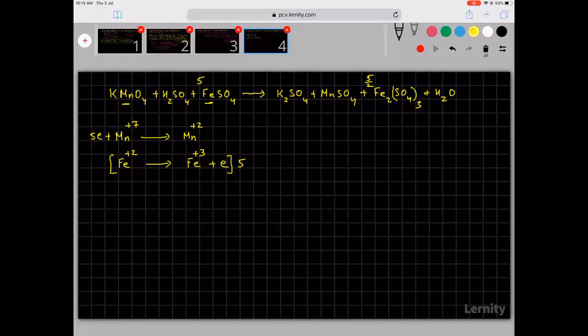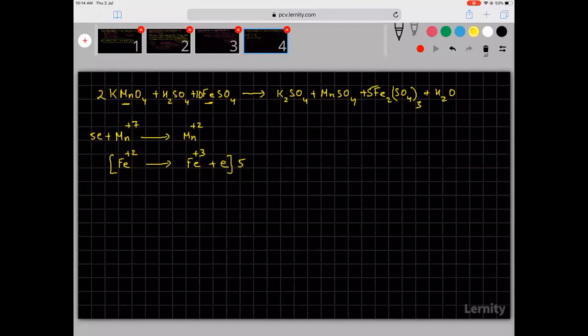I put a 2 here, a 10 here and a 5 here. Now that will work out. So I put a 5 here, a 10 here and a 2 here.